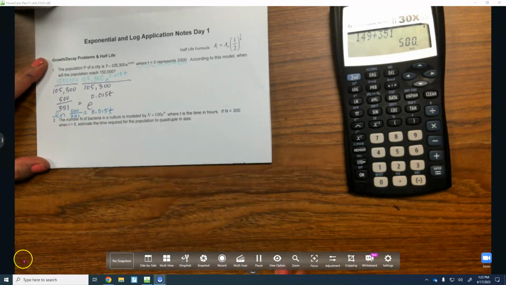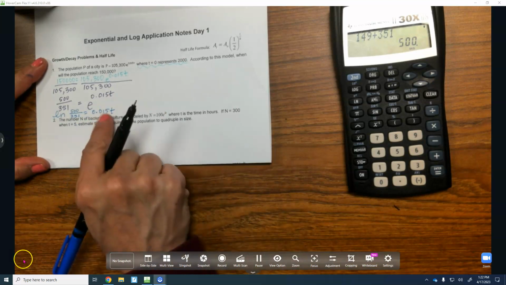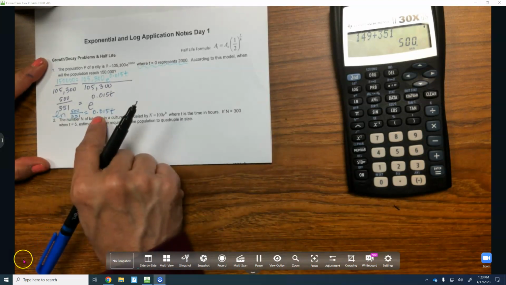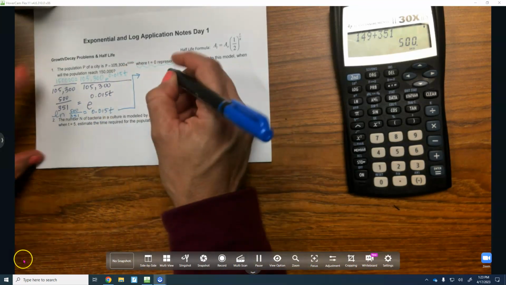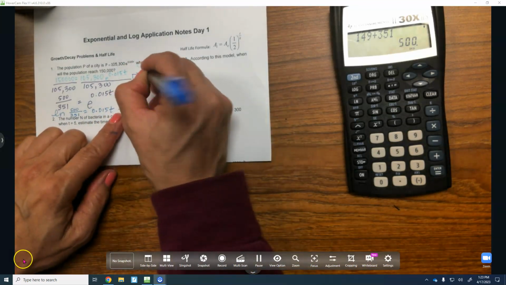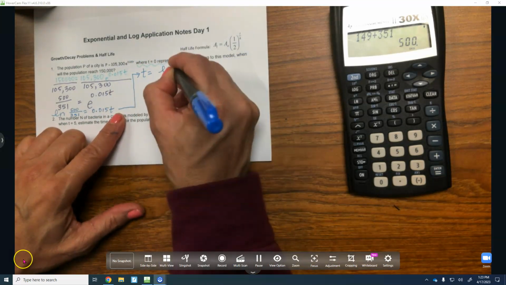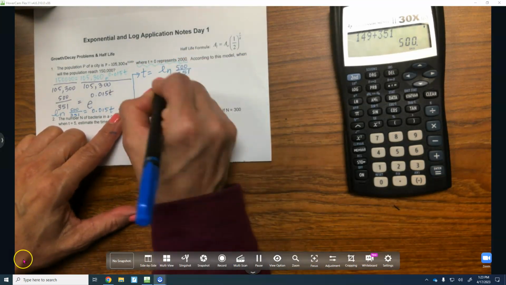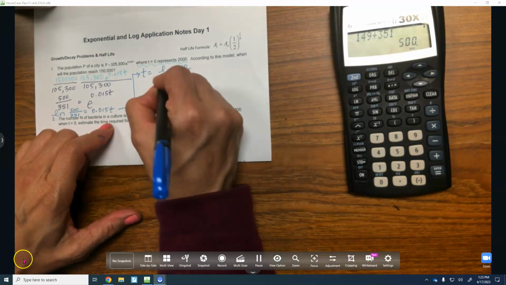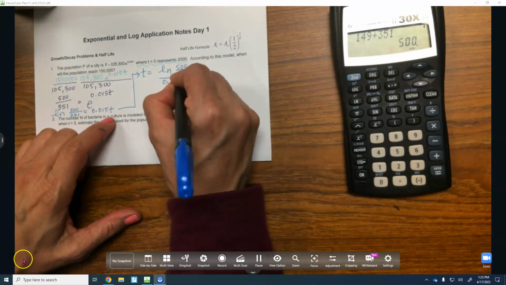So now we have that there. I'm going to go ahead and solve for t. We're going to divide both sides by 0.015. So my t is going to become equal to the natural log of 500 over 351, and all of that's going to be divided by 0.015.